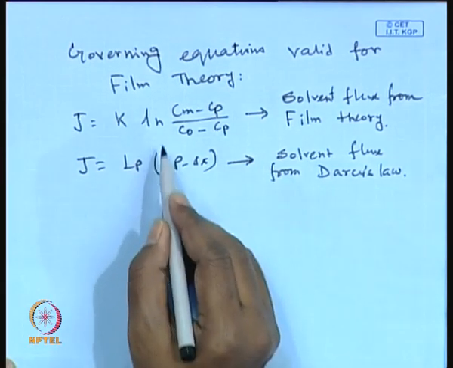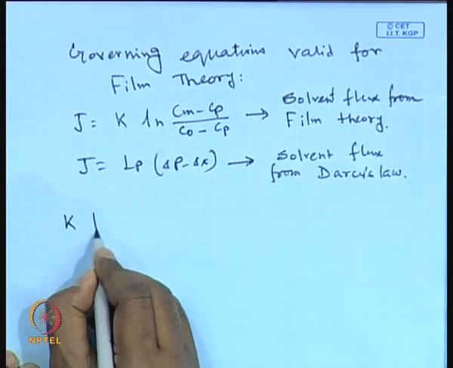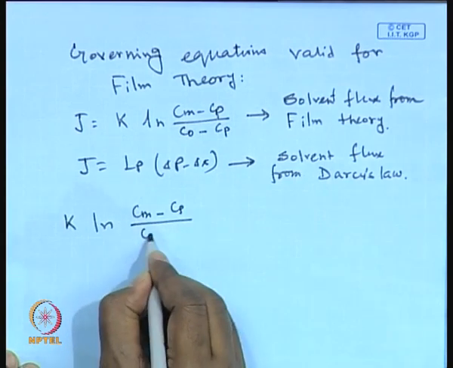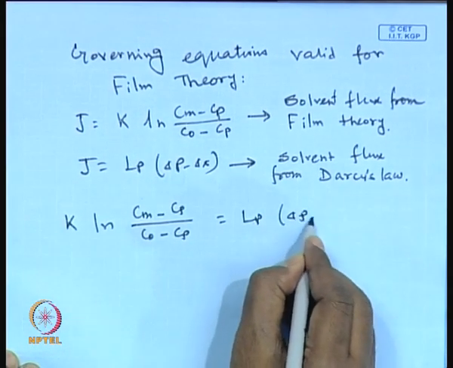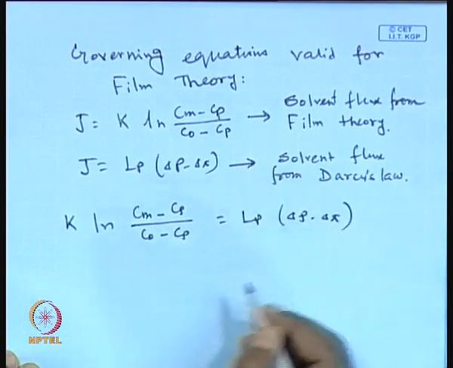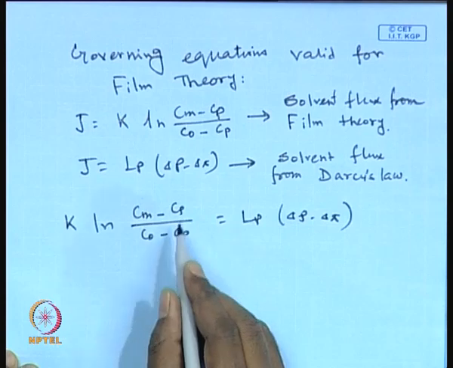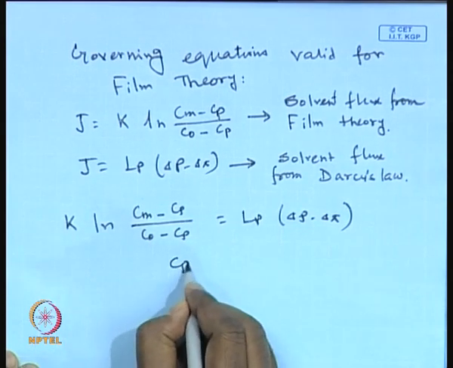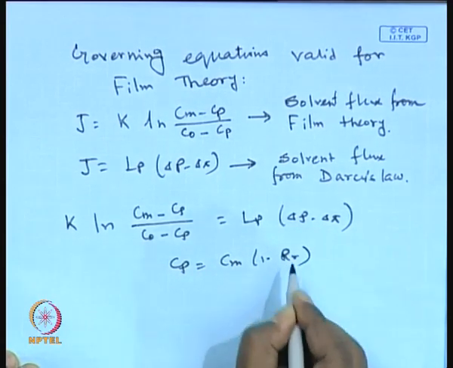So, now we will be equating them up. So, it becomes K ln Cm minus Cp divided by C naught minus Cp is equal to Lp delta P minus delta pi, right. Now, we will replace Cp in favor of Cm in terms of the definition of real retention. So, Cp is nothing but Cm into 1 minus Rr.